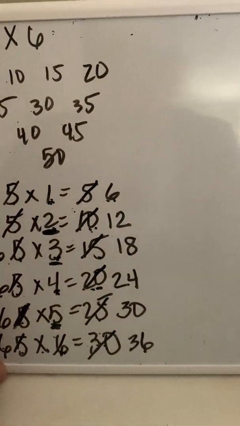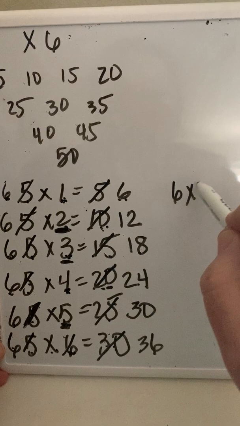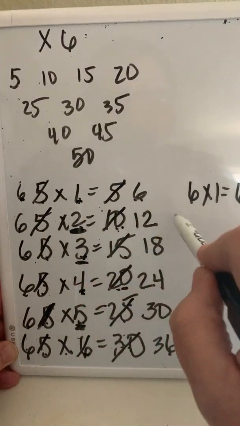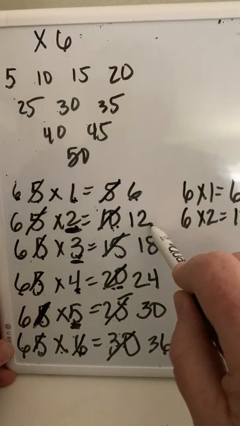So let's rewrite these to make sure we've got it. So 6 times 1, 6. What do we see over here? 6 times 2, 12.